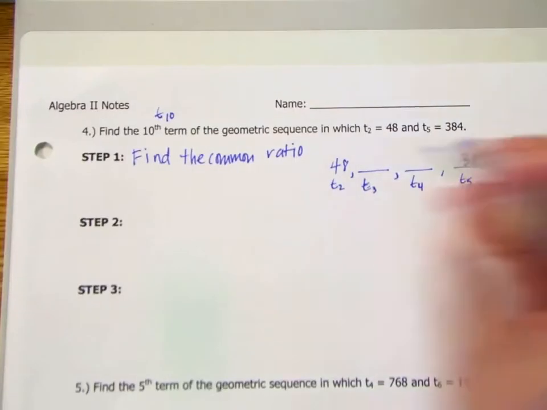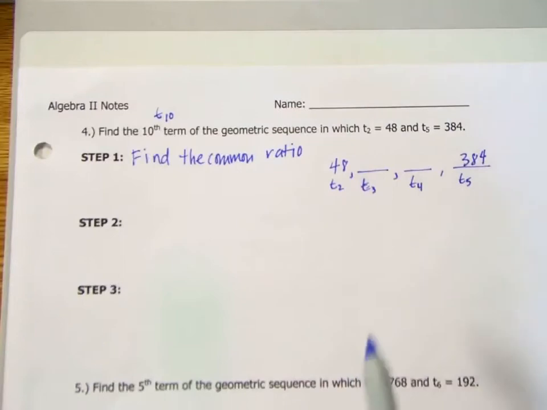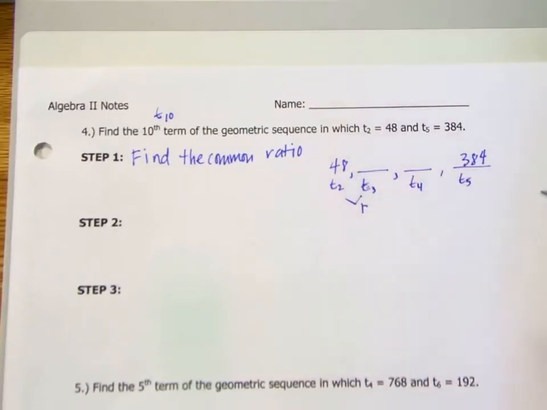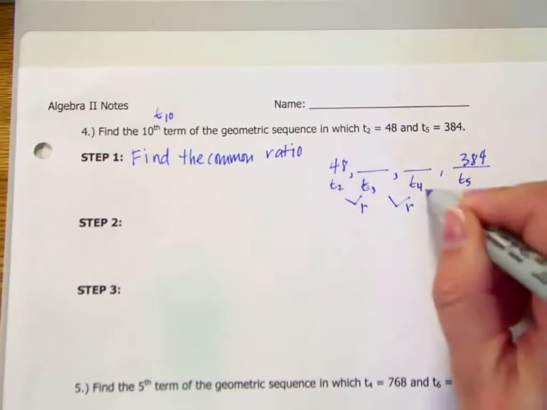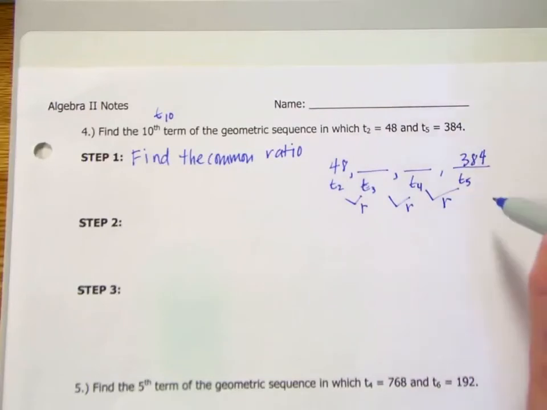So what I'm setting up, I'm trying to look at basically how many times did I multiply by the common ratio. From term 2 to term 3 I multiplied, from term 3 to term 4 I multiplied, from term 4 to term 5 I multiplied. Sorry about the bell.